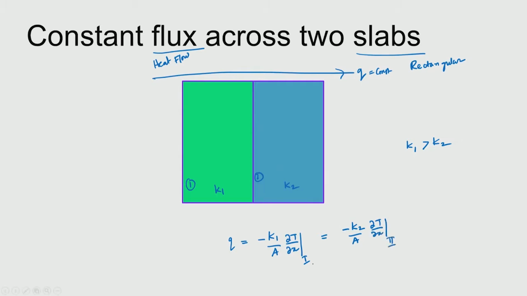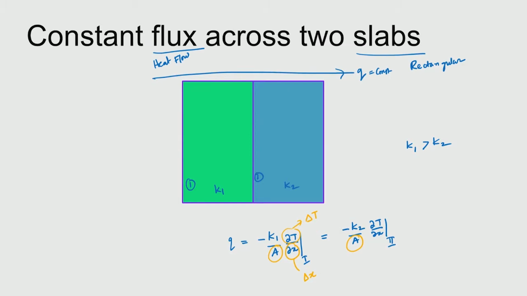Now, we look at this expression and realize that we could simplify the situation, saying that the cross sectional area is the same, which is true here, and we approximate dT as delta T, the temperature difference across, because at steady state the temperature profile is anyway linear, and this is delta X, which is the thickness of the slab.